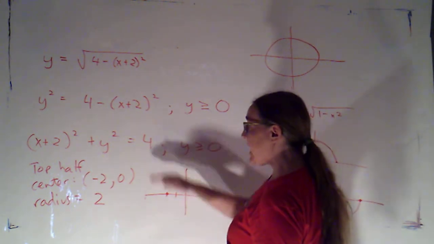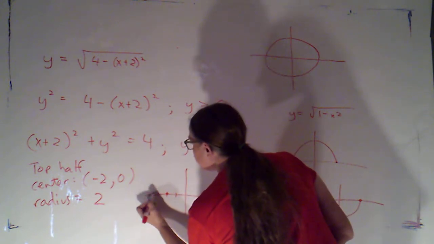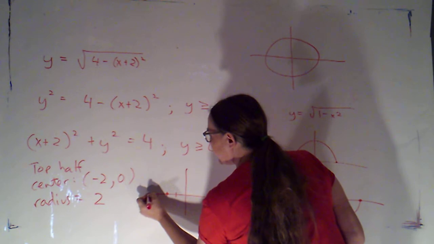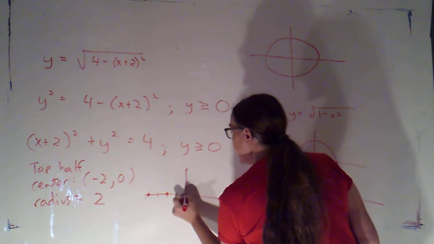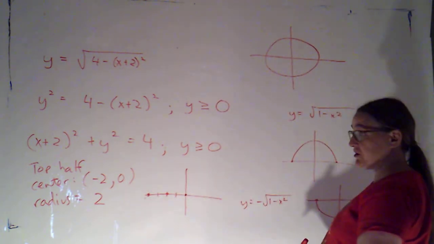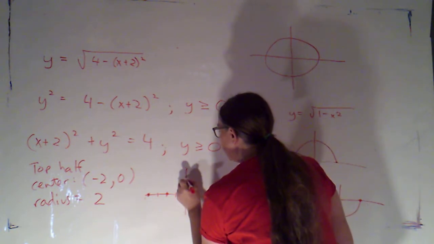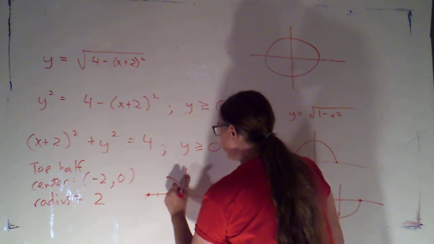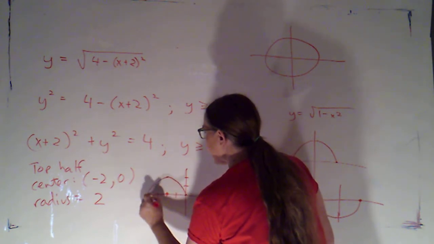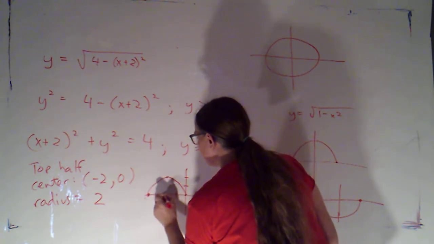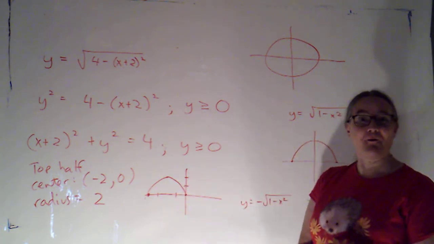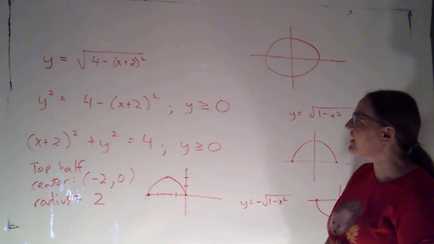I want just the top half, and the radius is 2. So the point furthest to the left would be over here at negative 4, 0. It looks like it's going to go through the origin. That's the point furthest to the right. And the point highest up would be 2 units above. So we're getting just this half circle. Excellent. And I erased the center because it wasn't actually a point on the graph of this function.